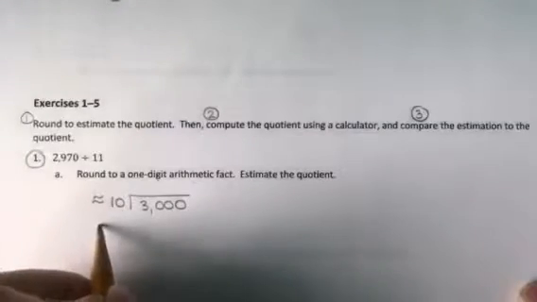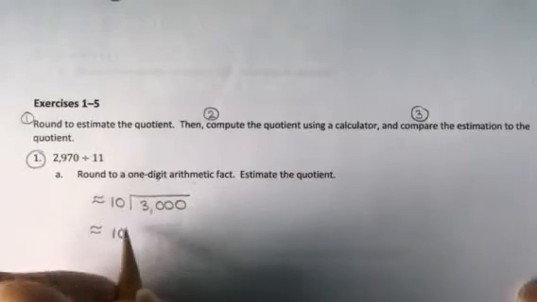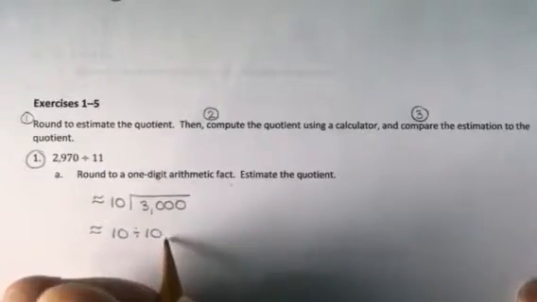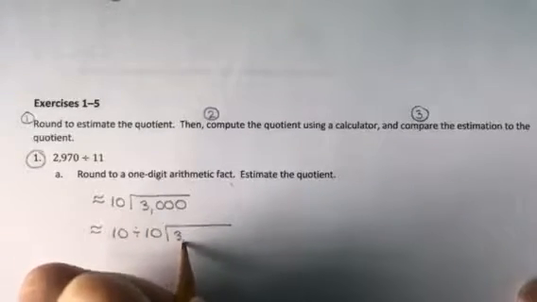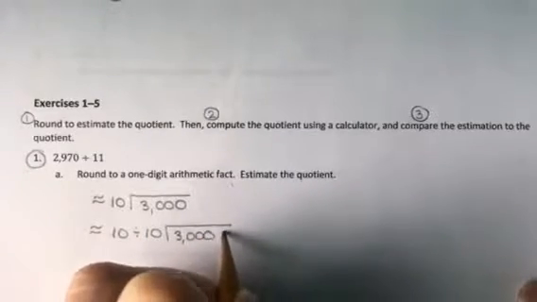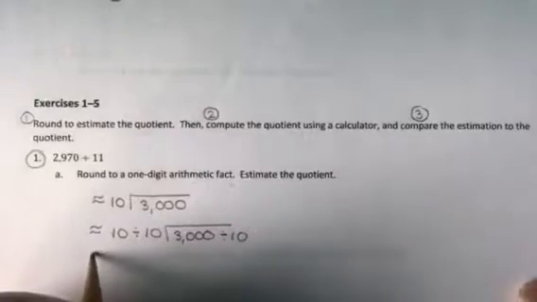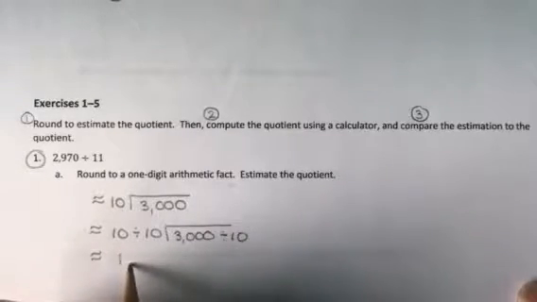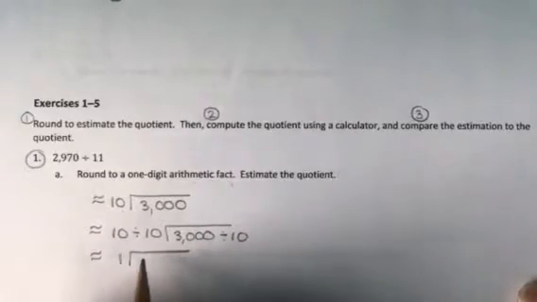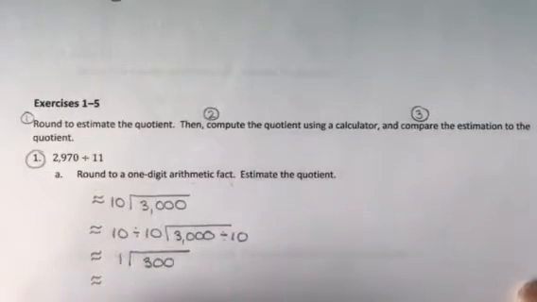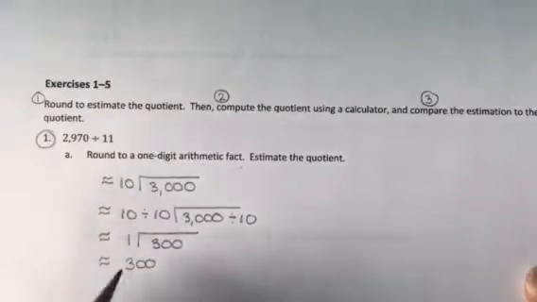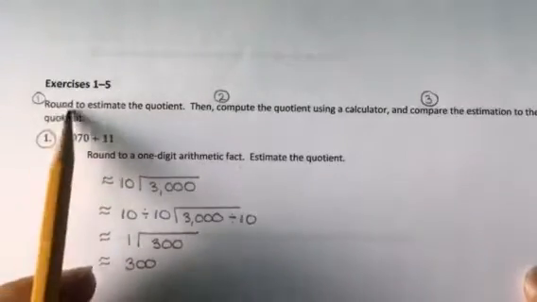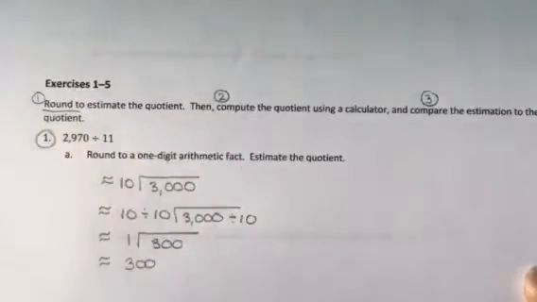So I'm going to take 10, divide it by 10, and also take 3,000 and divide by 10. Now I have a problem that is 1 as my divisor and 300 as my dividend. 300 divided by 1 is 300. And this was my first part, round to estimate the quotient.